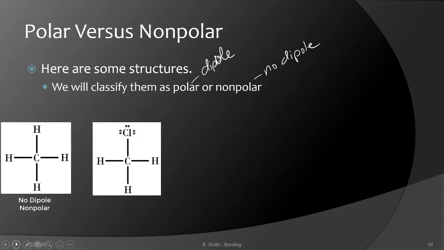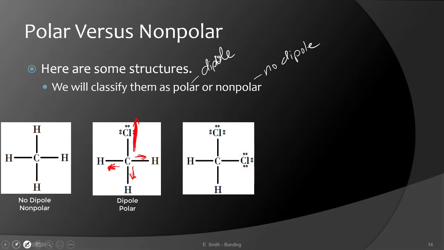If you are saying dipole, you are correct because, ladies and gentlemen, this chlorine is pulling the electrons way harder than these hydrogens are. There's a lot less pull. And because there's a lot less pull, okay, we end up with a dipole.